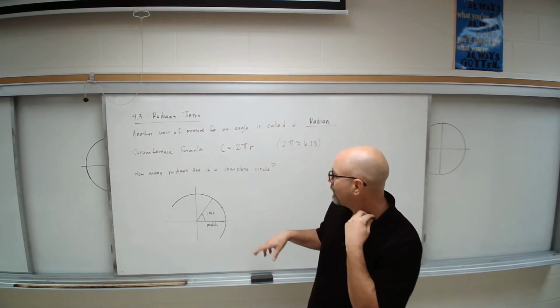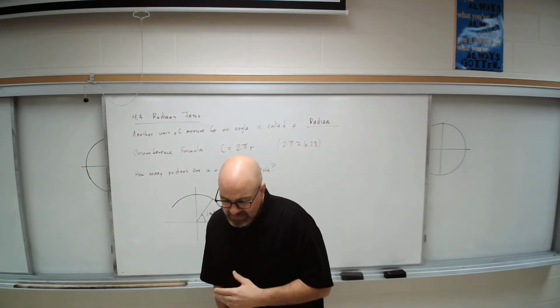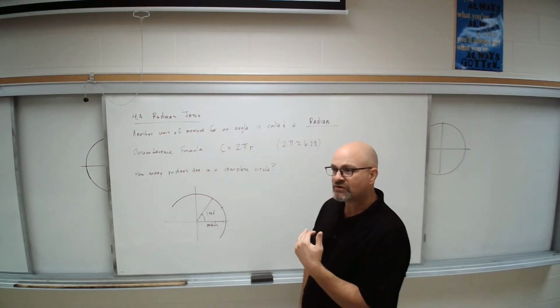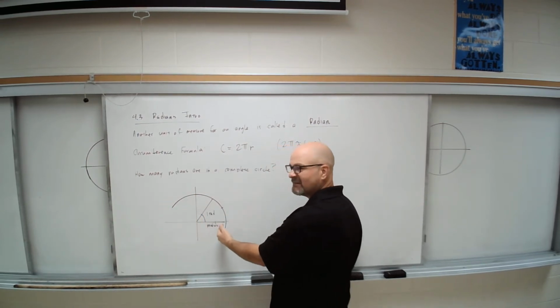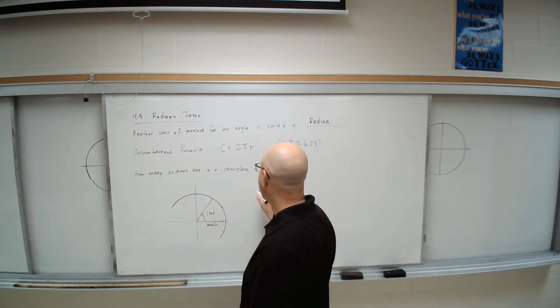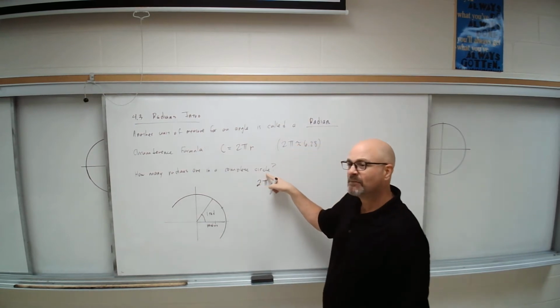But the way we like to do conversions, as this starts on your paper a little bit, is we know that a complete revolution, if we take an angle and it goes completely around, in radians would be 2 pi radians. That's how many radians are in a complete circle.